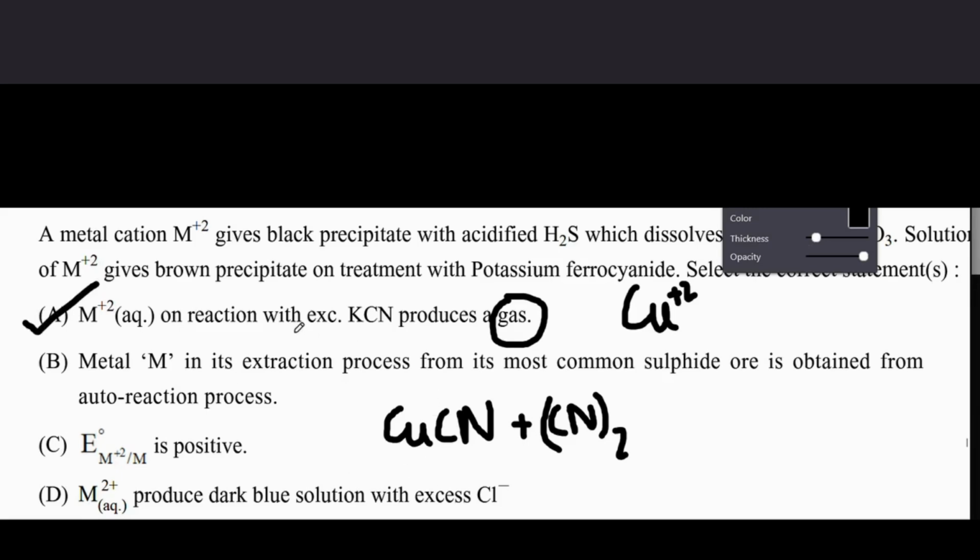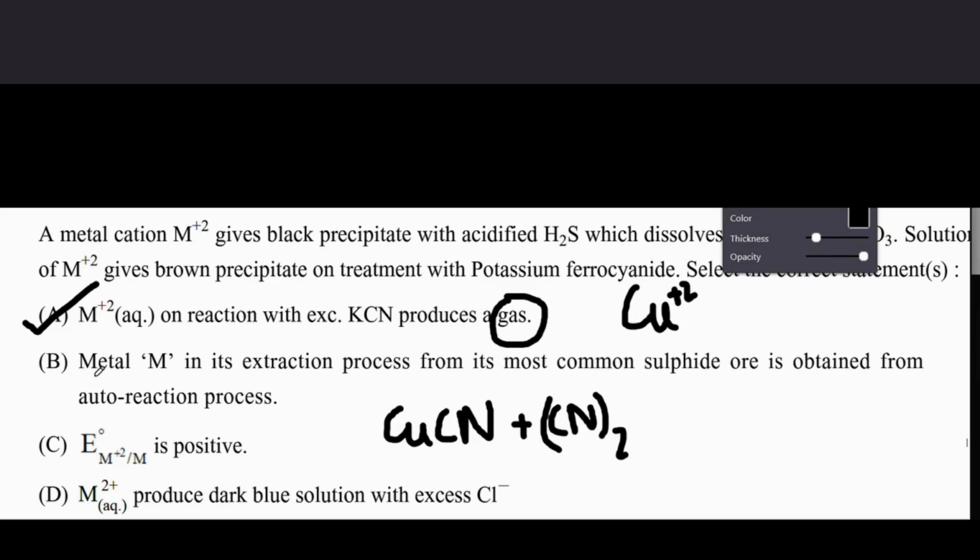Now as it provides excess KCN, this would not remain as CuCN, but it would form a complex, but that is not the point of discussion here. Now, the second option says that metal M in its extraction process from its most common sulfide ore is obtained from the auto-reduction process.